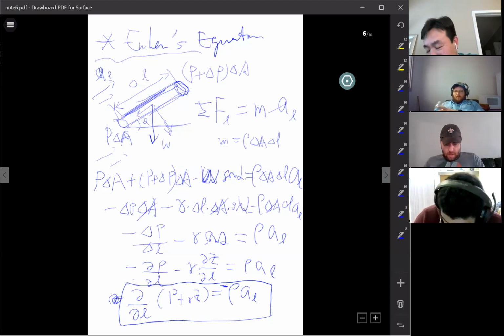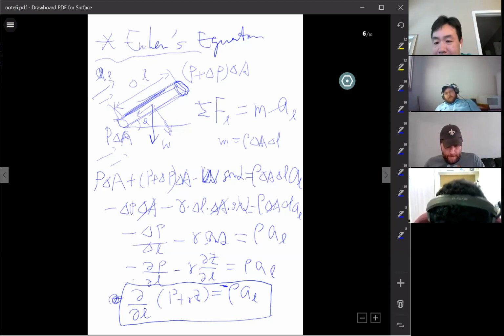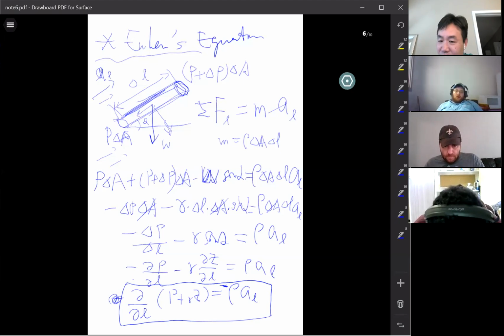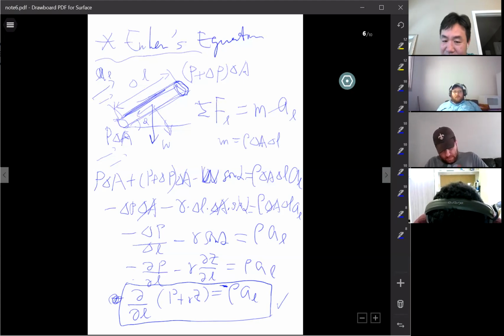Although it's not that difficult a differential equation, it's still a differential equation. So with acceleration, you have to solve a differential equation to find the pressure. This is the Euler equation. I'll show you how we apply it using examples.